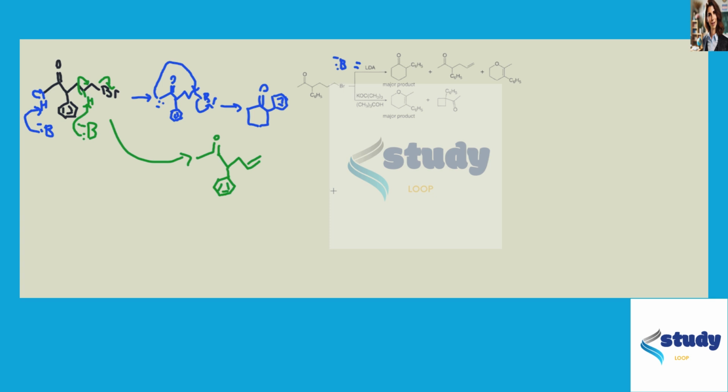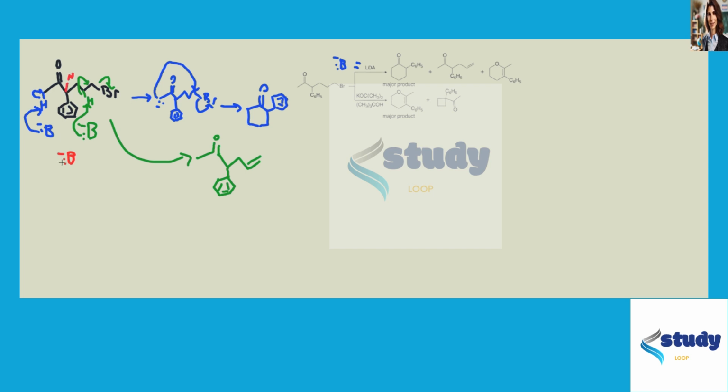But additionally, what can happen is that even though LDA only takes off your least sterically hindered alpha proton, it can also take off potentially other alpha protons, even if they are sterically hindered, such as this proton here.